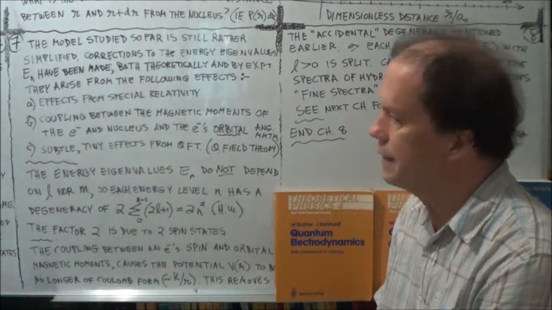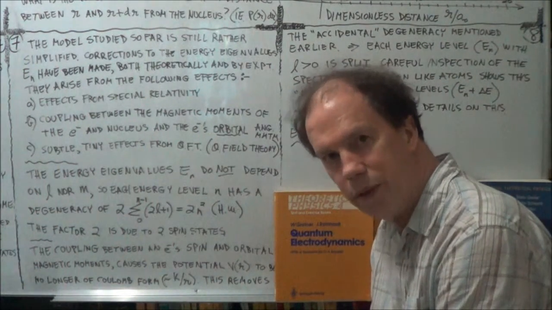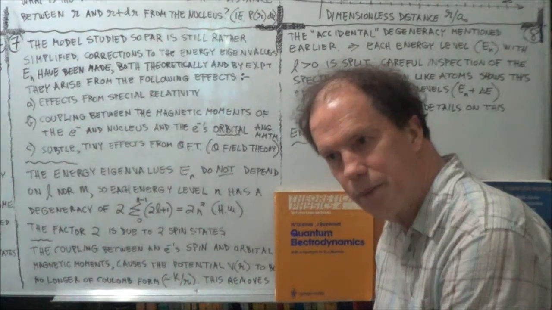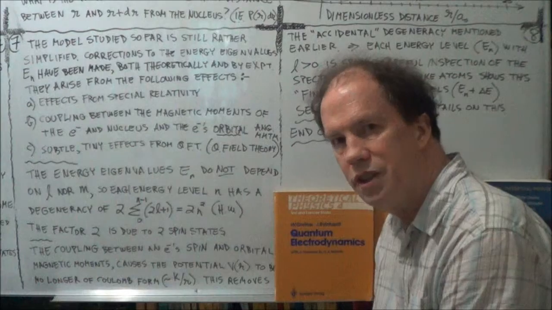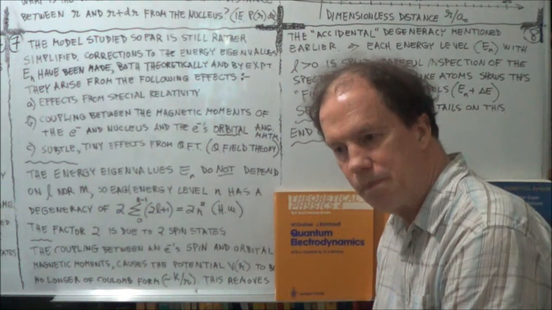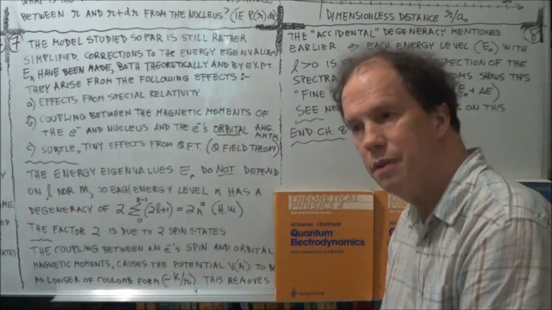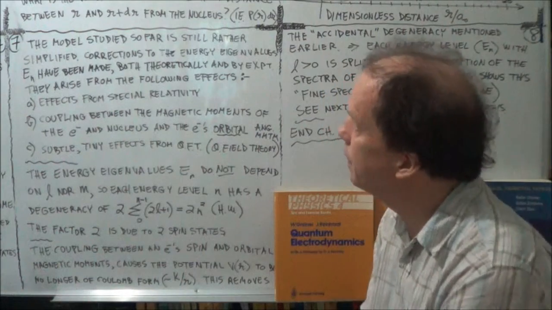Now, as I was saying in the previous chapter, I'll mention a bit about other factors, greater complexities in the physics, the analysis, the math, the modelling of the hydrogen atom.